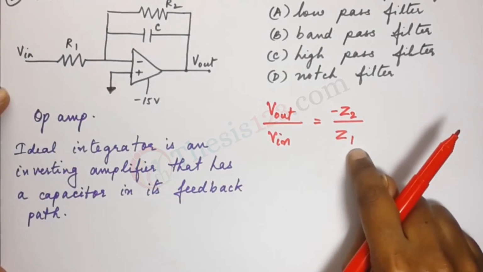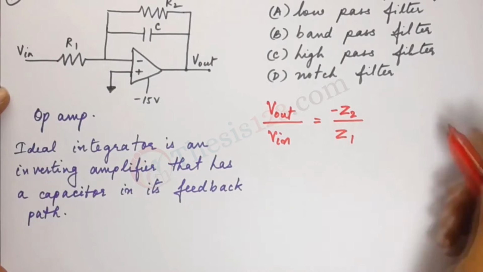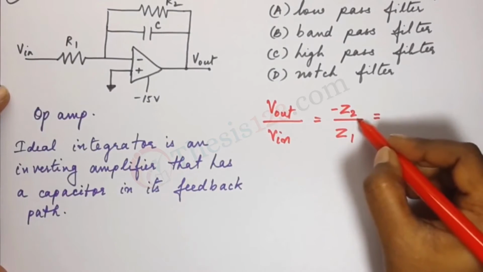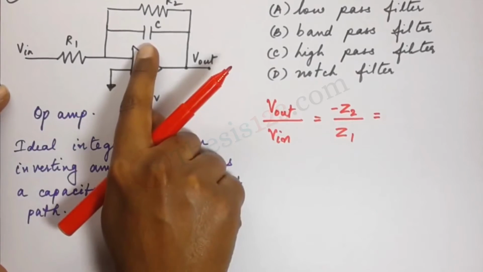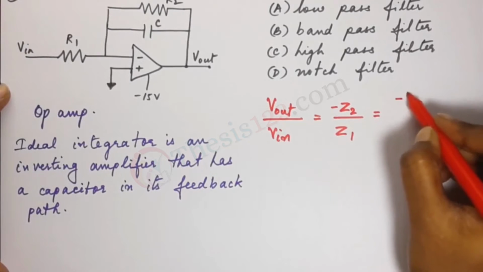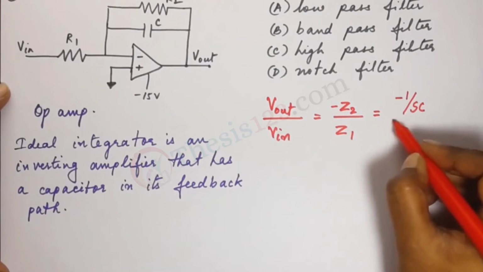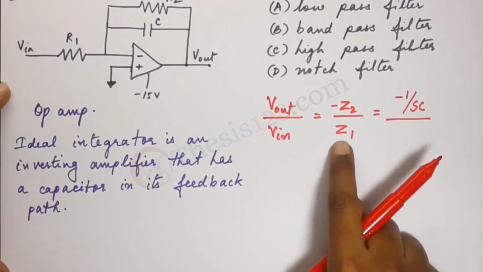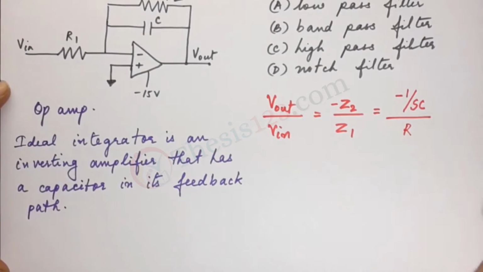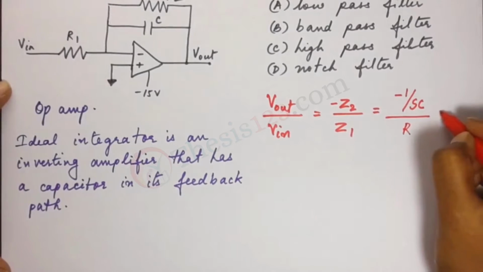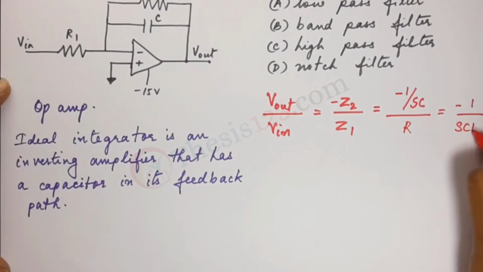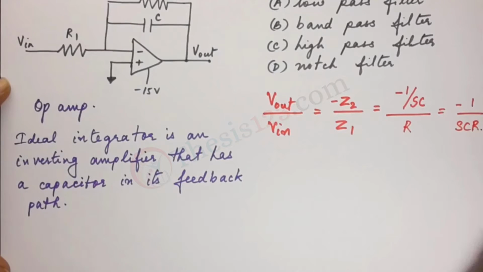So that's minus Z2 by Z1. So we're taking it in terms of impedance here, the ratio. So minus Z2, in terms of what we have here, we have a capacitor, so we write that as 1 divided by SC, by Z1, which is R1. So let's just note that as R. Now if we simplify this, we can write that as minus 1 by SCR.